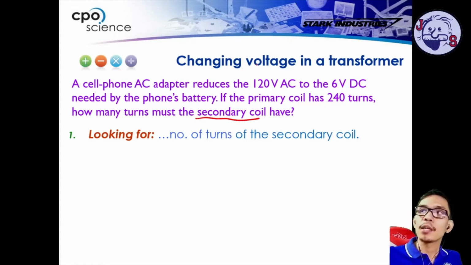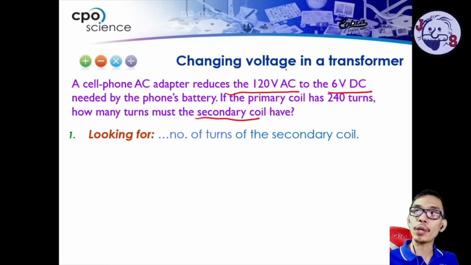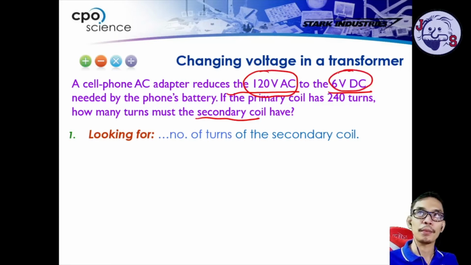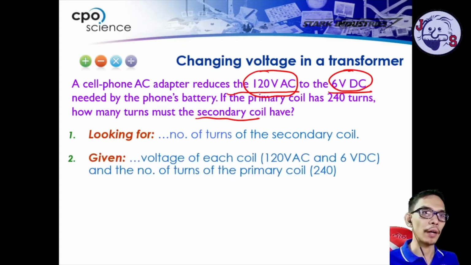In this case, the primary voltage was mentioned first before the secondary voltage, so we can conclude that this is the primary voltage and this one is the secondary voltage, based on the sequence it was mentioned in your problem. So the primary voltage was 120 volts and the secondary voltage was 6 volts.